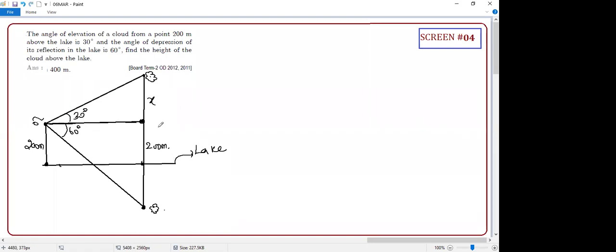If I put x only on this side, the entire height is what? 200 plus x. So this is 200 plus x. Agree with me or not? Everyone? Yes, sir. Now please name all the things wherever you need. What are the right triangles you need?